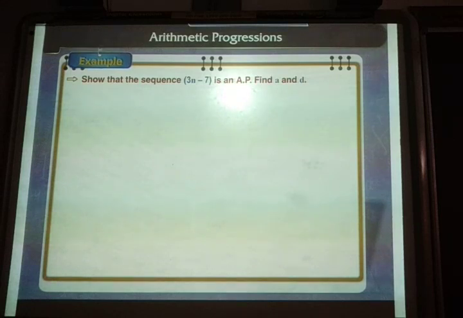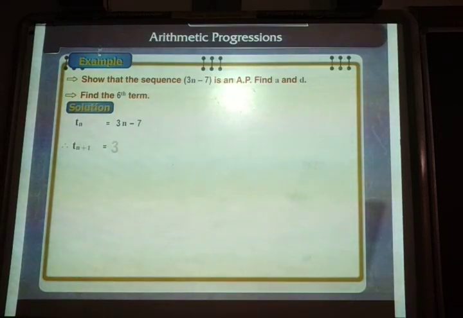Show that the sequence 3n minus 7 is an AP. Find the first term A and the common difference D. Also find the sixth term. Tn is equal to 3n minus 7. Therefore, Tn plus 1 is equal to 3 into n plus 1 minus 7 is equal to 3n minus 4.